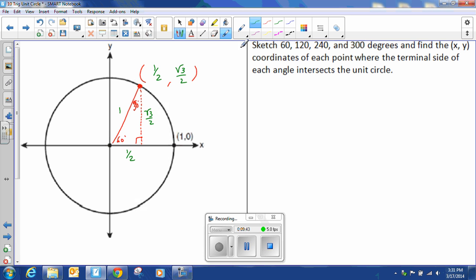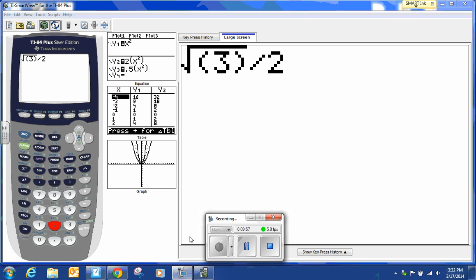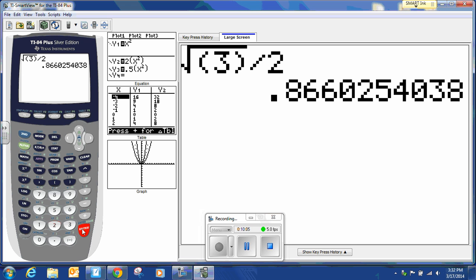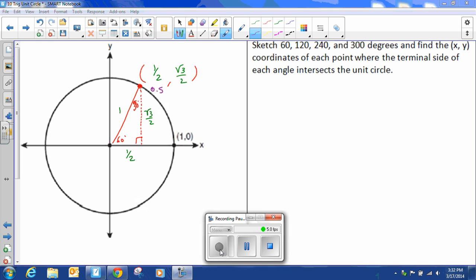Okay? Now one thing I want to show you is that if you ever forget which one is which, you can do a calculator check. So we know that 1/2 is 0.5. Now square root of 3 over 2, so here's my calculator, and square root of 3 over 2, notice the parentheses have to be closed before you divide by 2, is about 0.87.